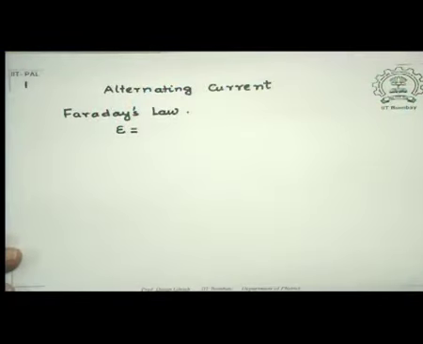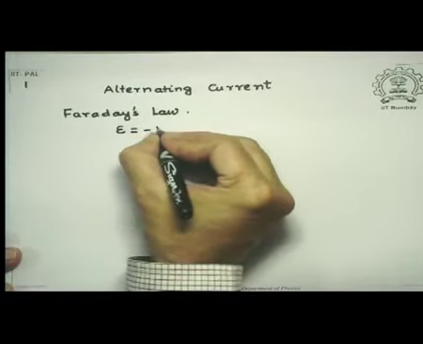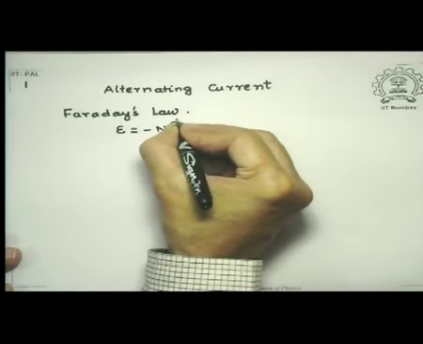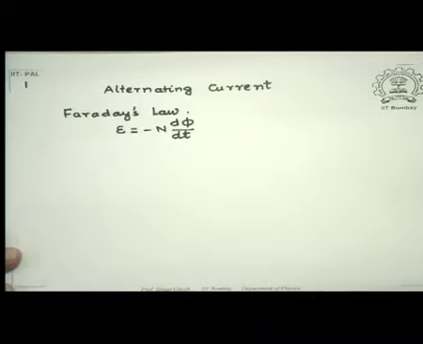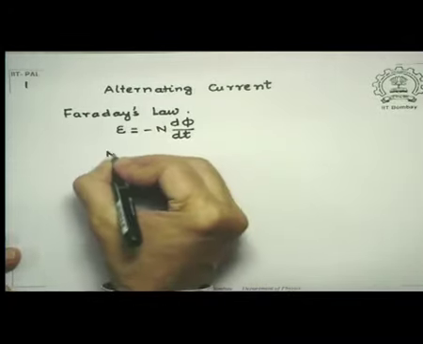The EMF relationship is given by the mathematical statement of Faraday's law, which says EMF is equal to minus n d phi by dt, where phi is the flux through each turn and n is the number of turns.